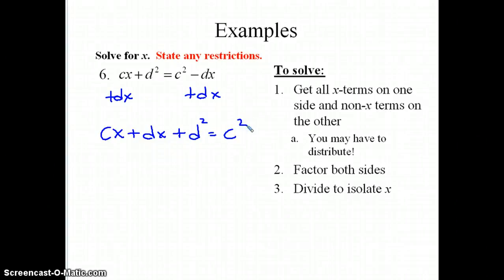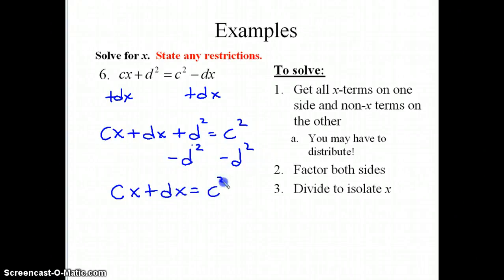Now, I have the x's on one side, but I have an extra term here, d squared. So I'm going to eliminate that and move it by subtracting d squared from both sides. So I have cx plus dx is equal to c squared minus d squared.